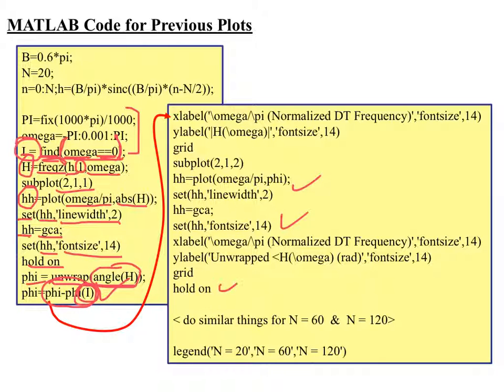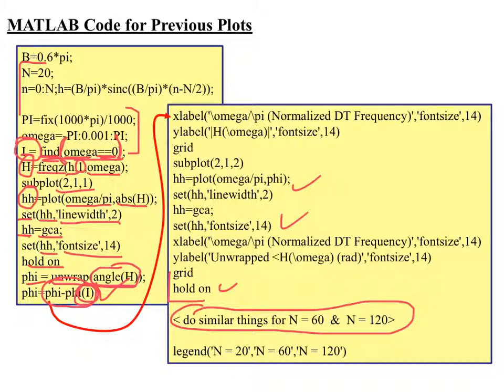And then I do another hold on at the end here. And then I can do similar things for n equal to 60 and n equal to 120. So I would keep b the same, reset n equal to 60, and from that point all the way down to here I would redo it.